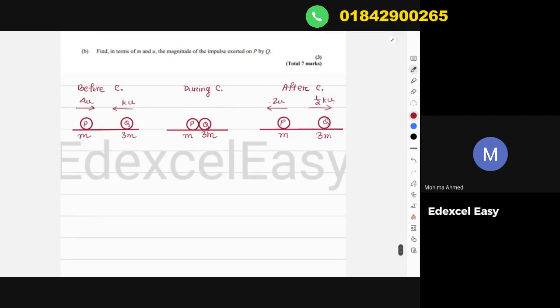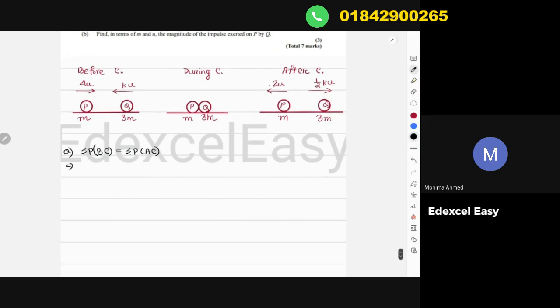So we can use the basic principle for part A: total momentum before collision equals total momentum after collision. For the total momentum before collision, we have m times 4u and 3m times ku. Oh wait, sorry, I have to take a direction as positive.